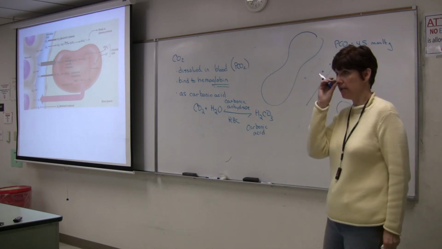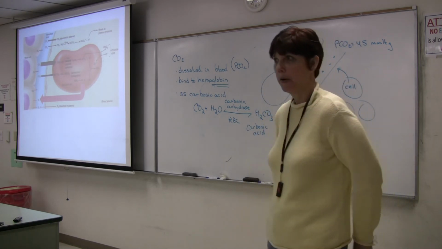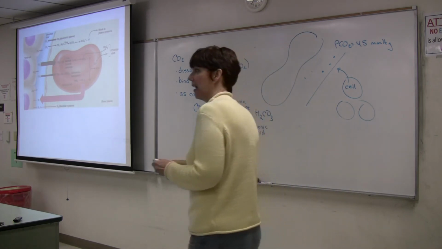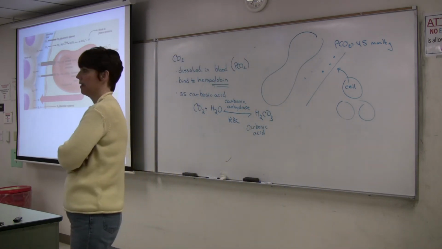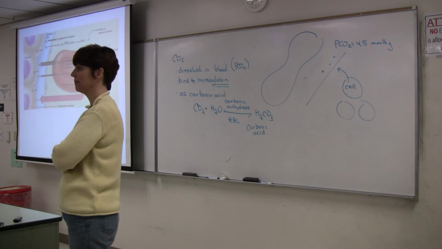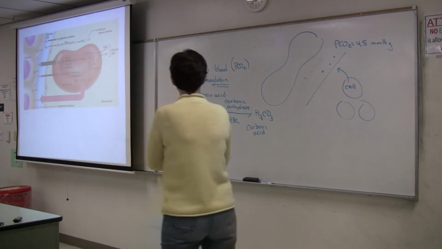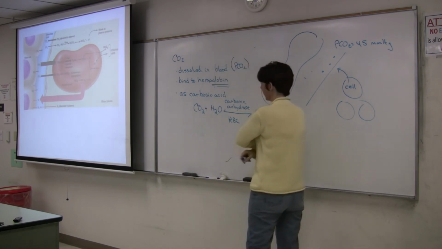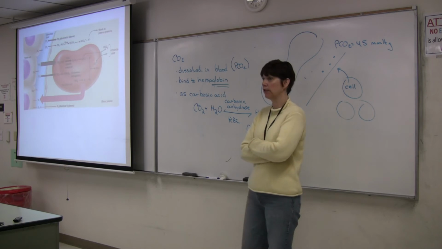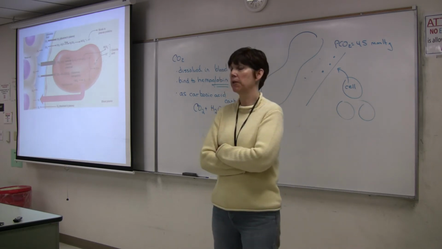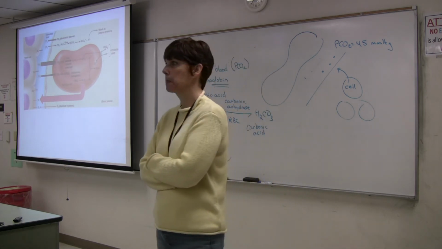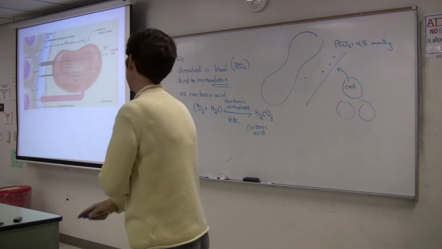What changes pH? Acidity. Hydrogen what? Ions. Okay. So if I have 1 molecule of carbonic acid, and I have another bottle that has 10 molecules of carbonic acid in it, which one's going to have a lower pH based on the information I gave you?